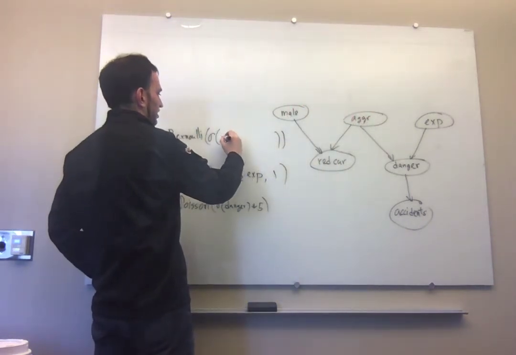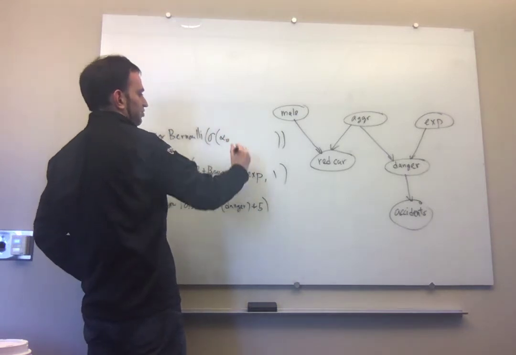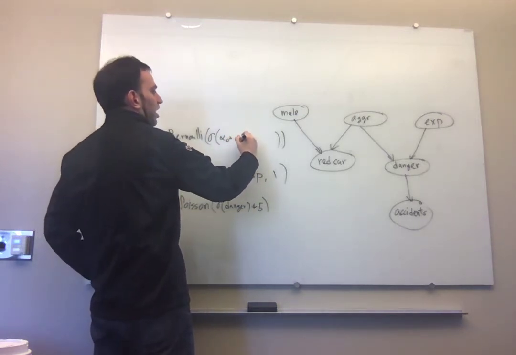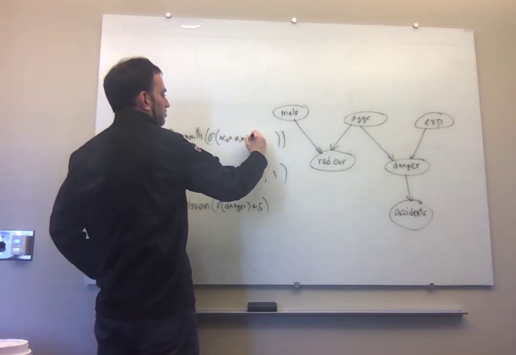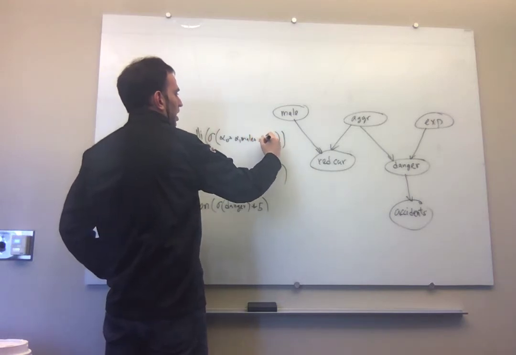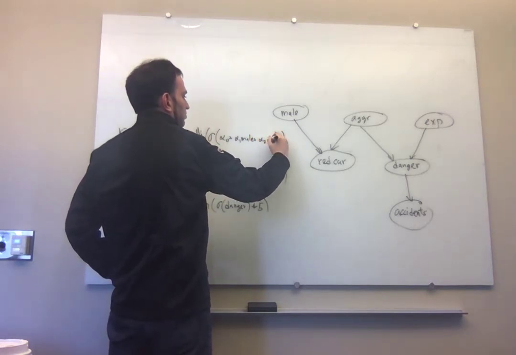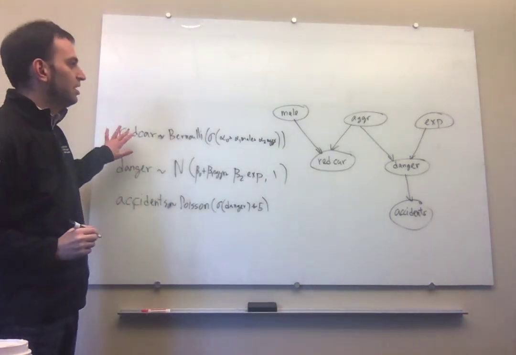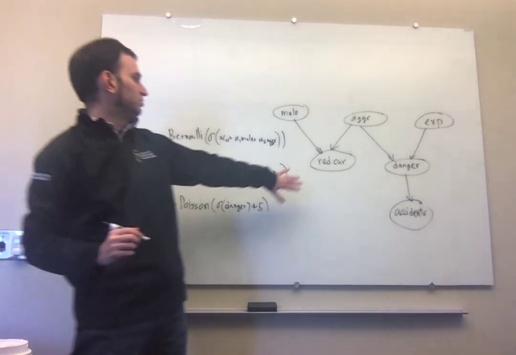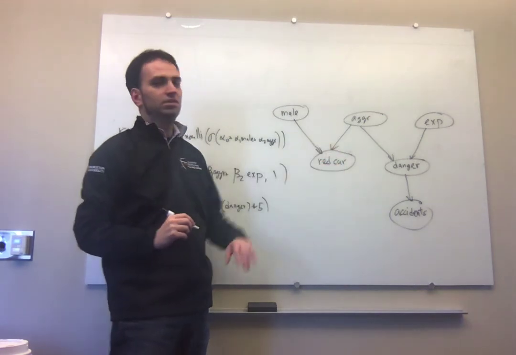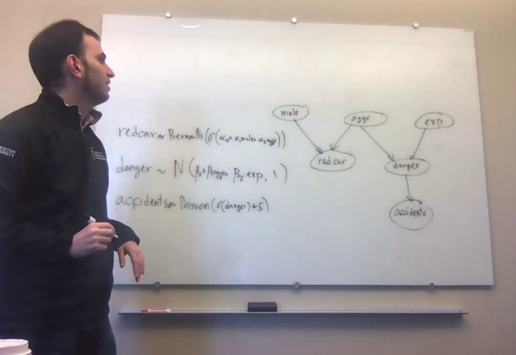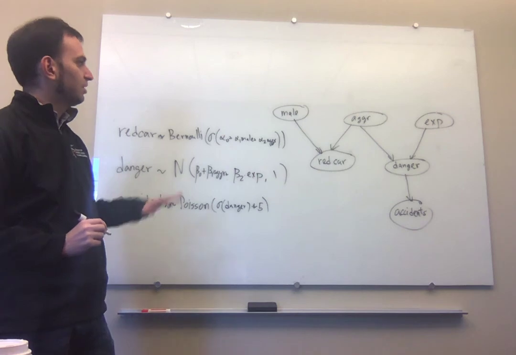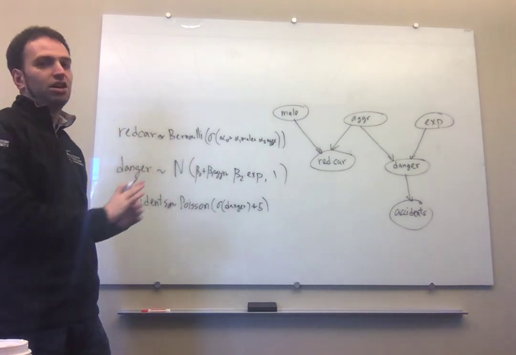So we'll say this is alpha naught, just because beta is already taken, plus alpha 1 times male plus alpha 2 times aggressiveness. And here we have defined what causes the person to drive a red car. So that is our causal model.